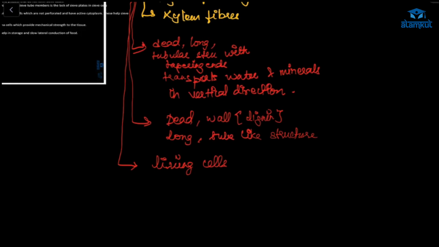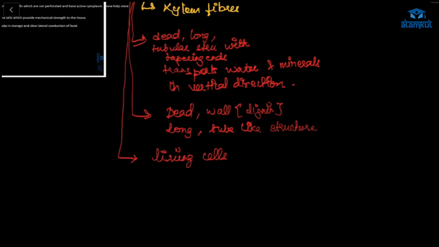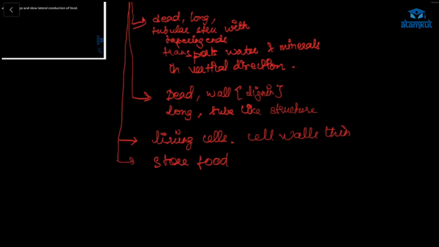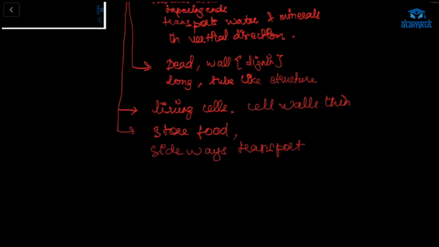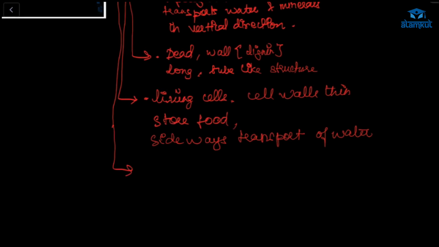Now we have parenchyma: living cells, and their cell walls are thin. What is the work of parenchyma? We have already learned, right? It stores food, and it helps in the sideways transport of water. Last is the xylem fiber.